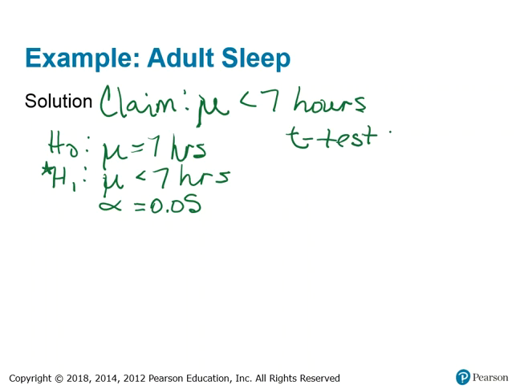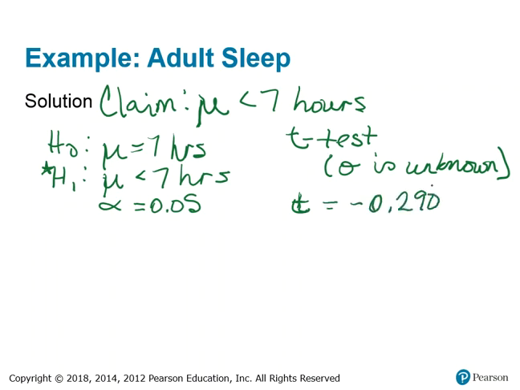I do not know anything about the standard deviation of the population. That is why it is a t-test and not a z-test. This is unknown. If I run that test, I get a t-value of negative 0.290, so that's my t-score, which then gives me a p-value of 0.3887.